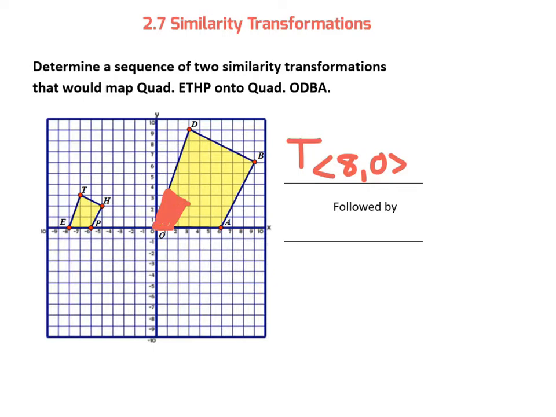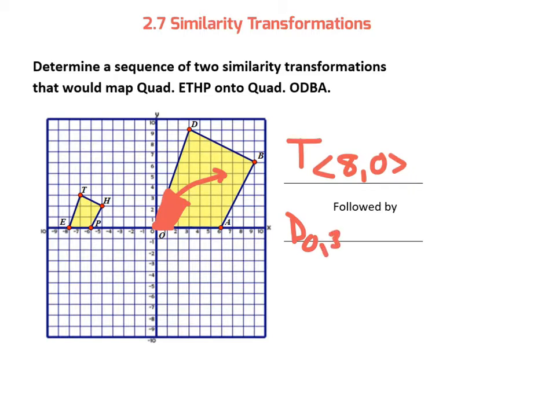Now, from here, what do we do? How do we make it bigger? Well, you know what to do. We need to expand this out, right? We need to dilate it about the origin. And we might say, well, how do you know how big to dilate it? So I look here and I see I'm at a length of 2, but my final length needs to be 6. So I see that I need to dilate this by 3.